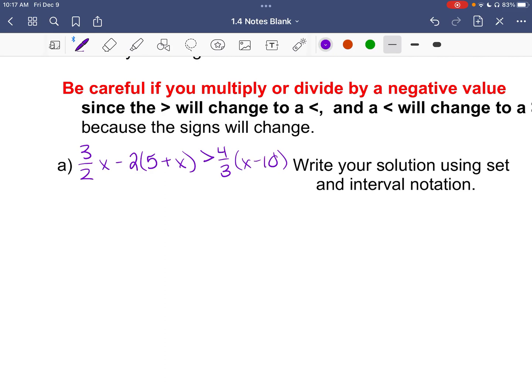Solving, we're going to start by distributing. 3 over 2x minus 10 minus 2x is greater than 4/3 x minus 40 over 3. So fractions, top with top, bottom with bottom.